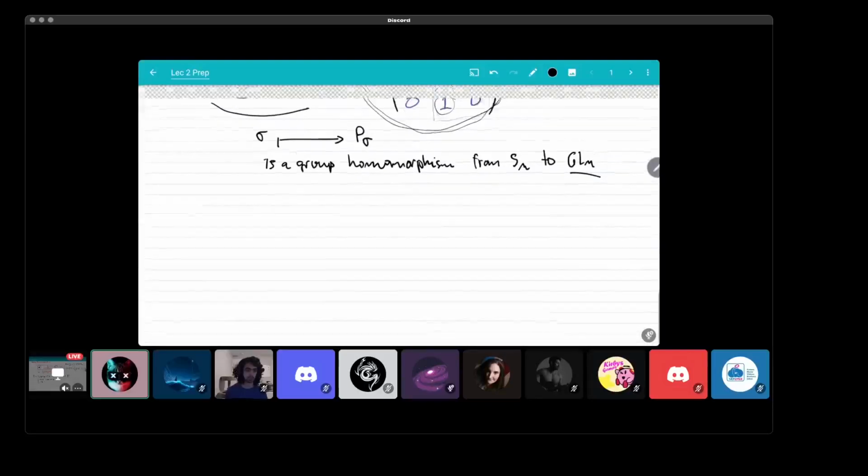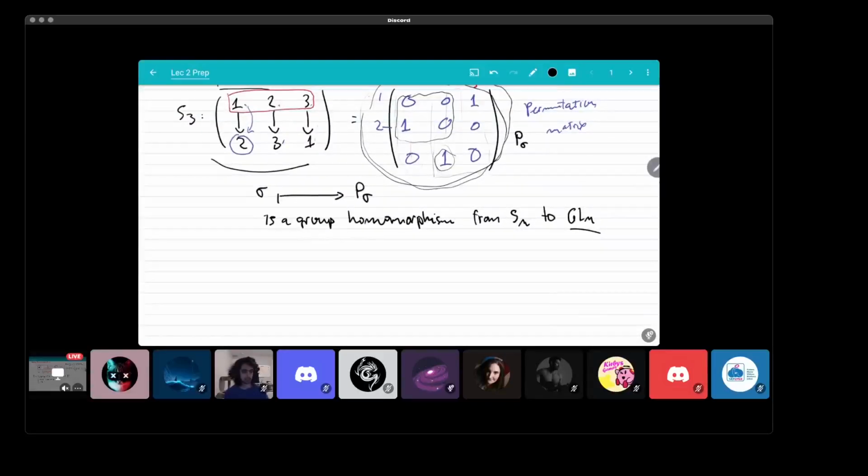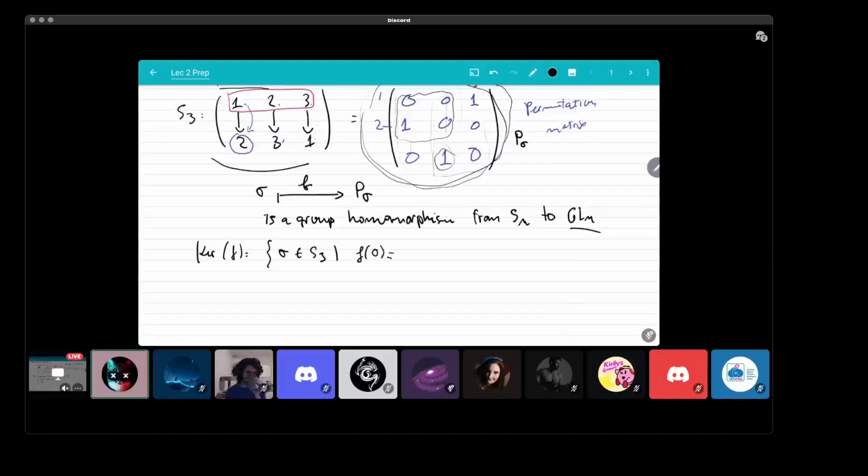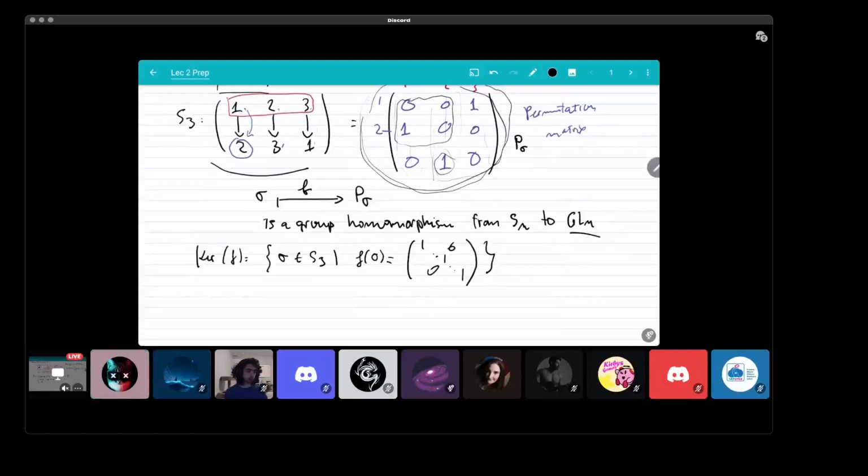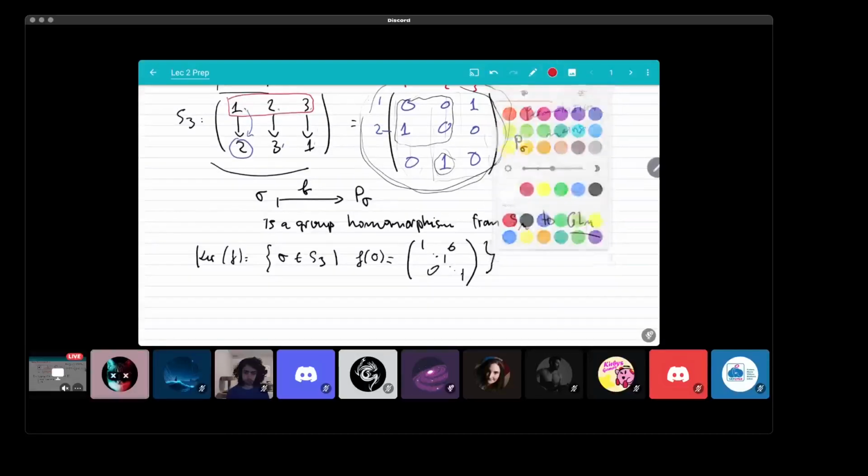The kernel of this, so the kernel of this f is the set of sigma such that its image is the identity matrix. So what would that be? If we had a permutation that gets sent to this, we can just translate the identity matrix back to a permutation.